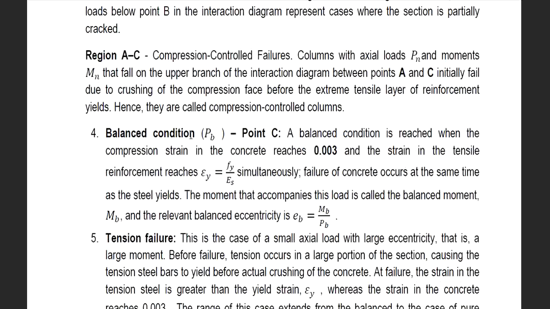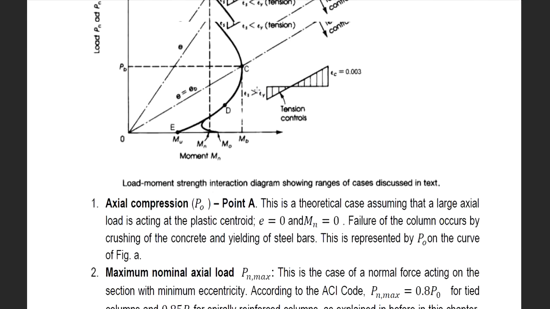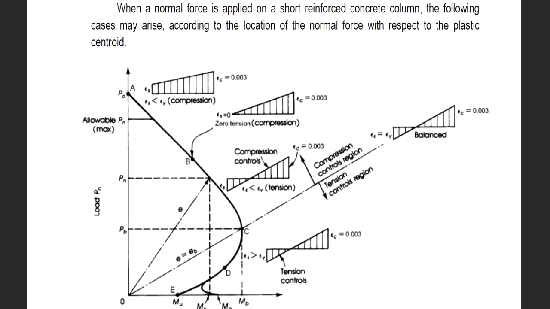Now balanced condition. At point C, balanced condition reached. When the compression strain in a concrete reaches, so you can see slowly from point A to point C, compression strain in a concrete is increasing due to axial load. So as we reaches point C, the compression in concrete reaches the maximum value.